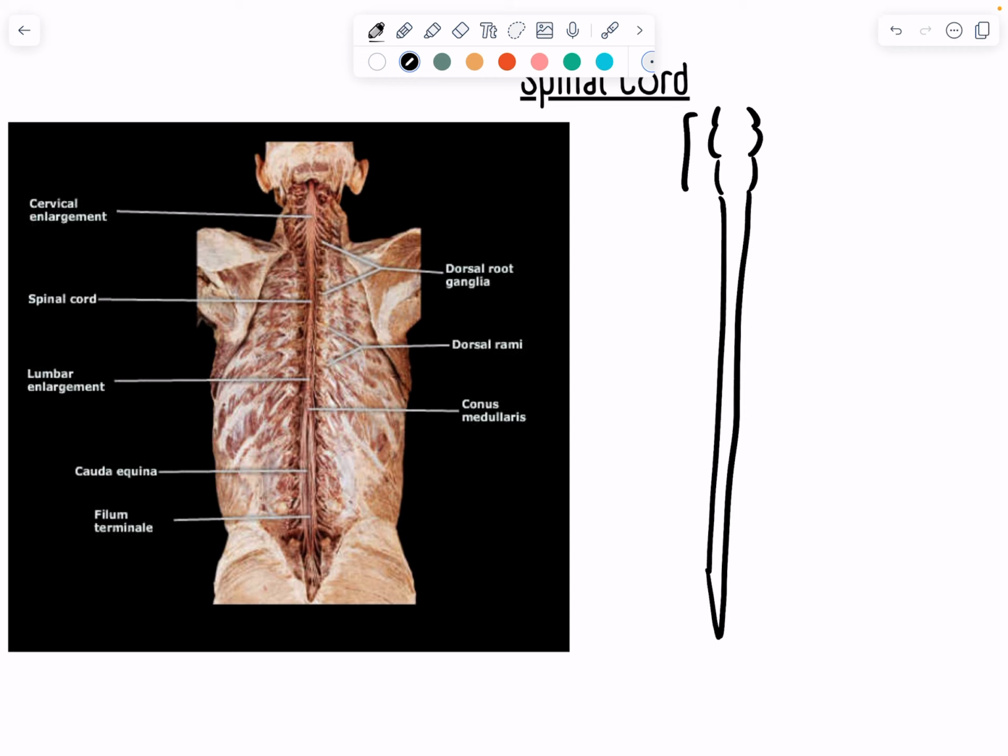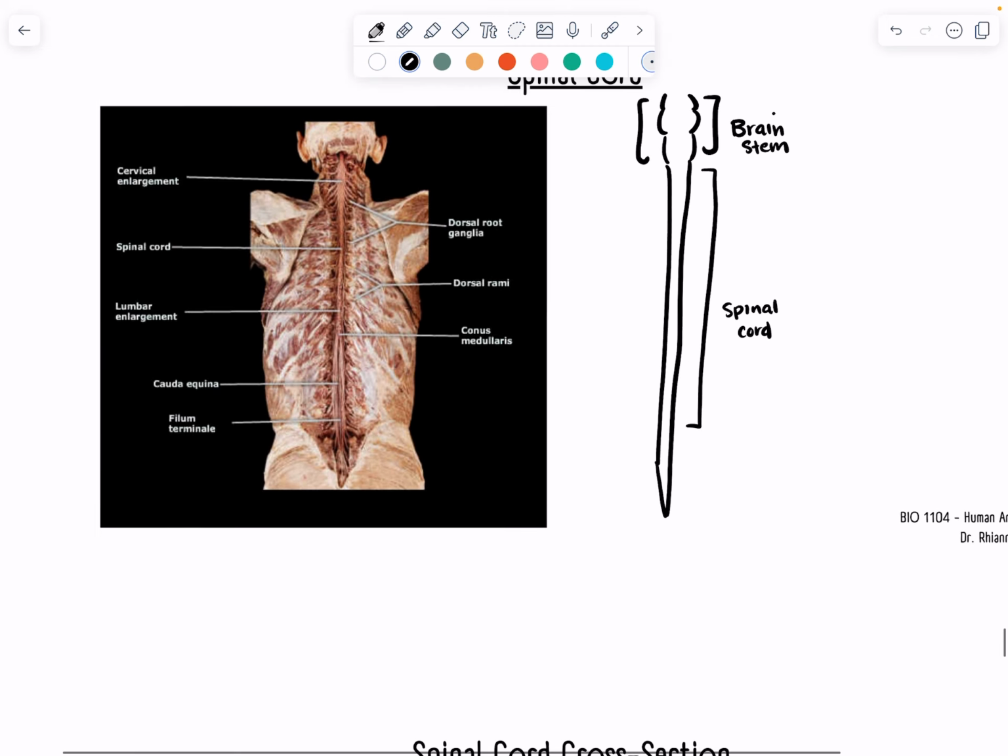So this was all brainstem. And then we have our spinal cord. It's ending around the level of L2. And where it ends, we call it conus medullaris. See how I kind of made it triangular at the bottom? So this is conus medullaris.